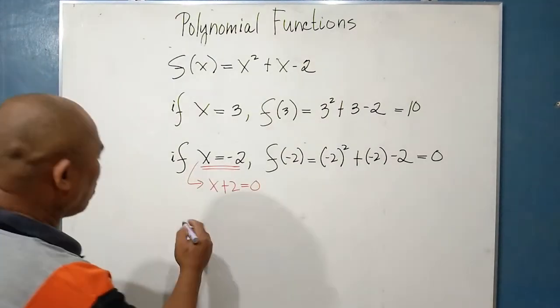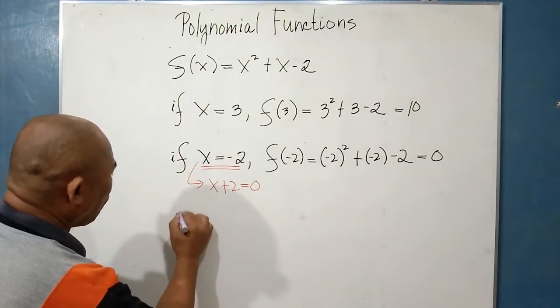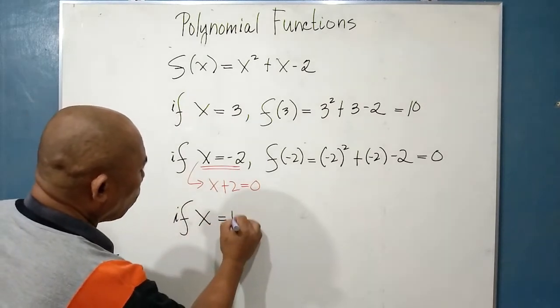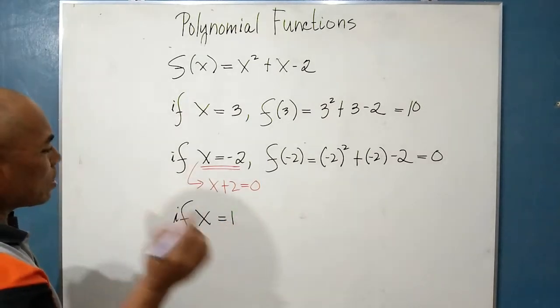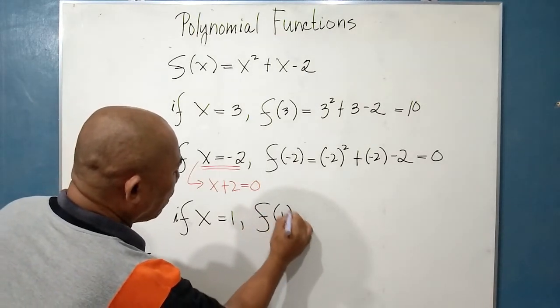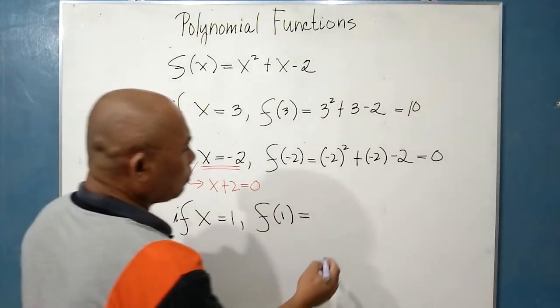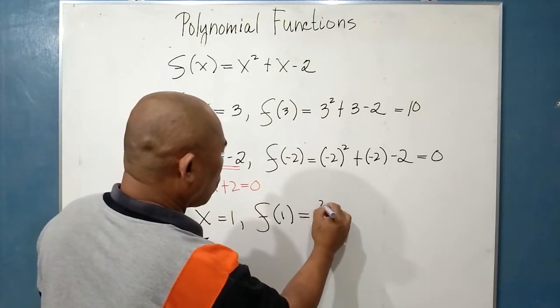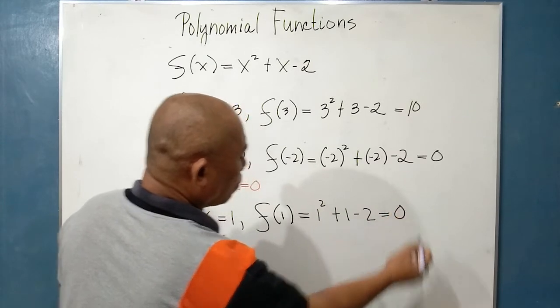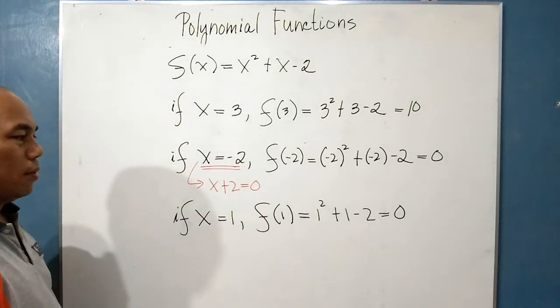Another, let's try atong pulian. What if kung ang atong x is equal to 1? So, sa may mahitabo. So, f of 1 equals 1 squared plus 1 minus 2. So, that's equal to 0. Okay?